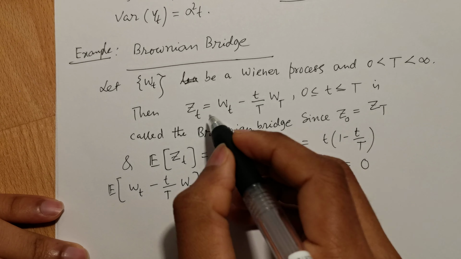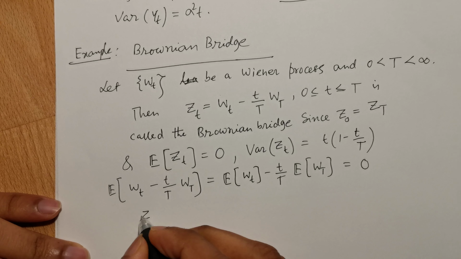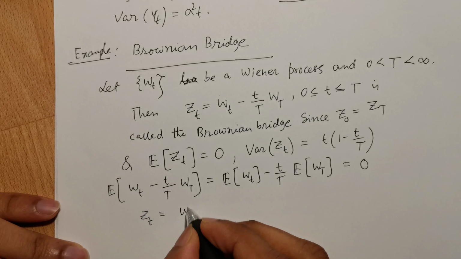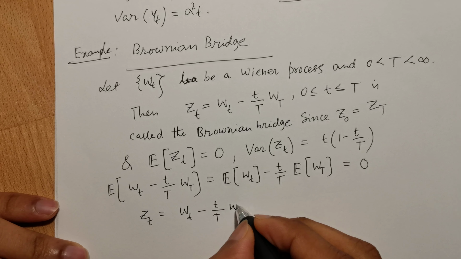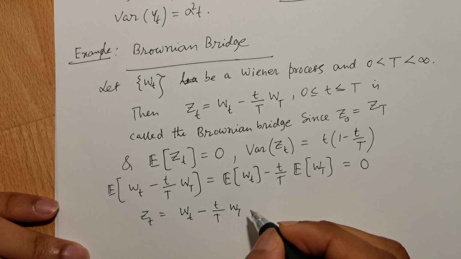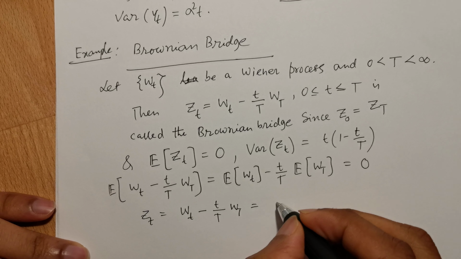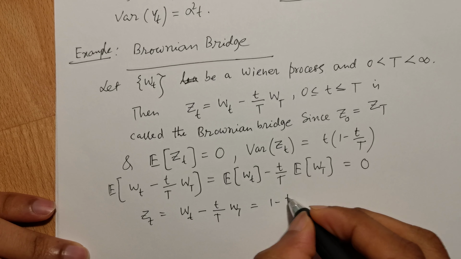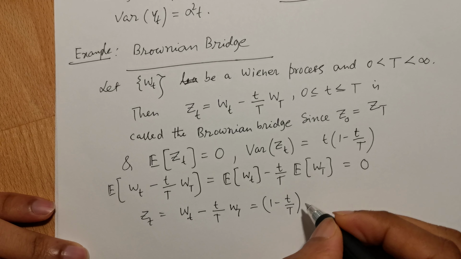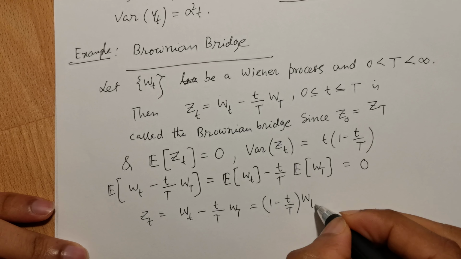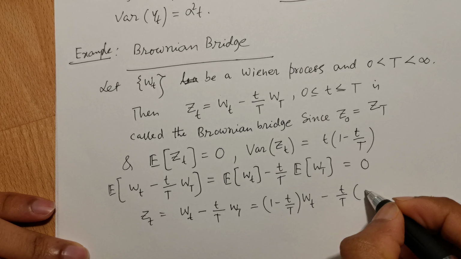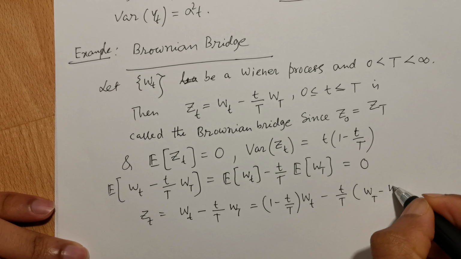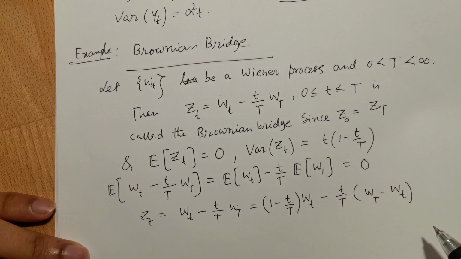And look at the expression of Zt. Now Zt can be written as Wt minus t over capital T times W capital T. This can be written as 1 minus t over capital T times Wt, minus t over capital T times W capital T minus Wt.